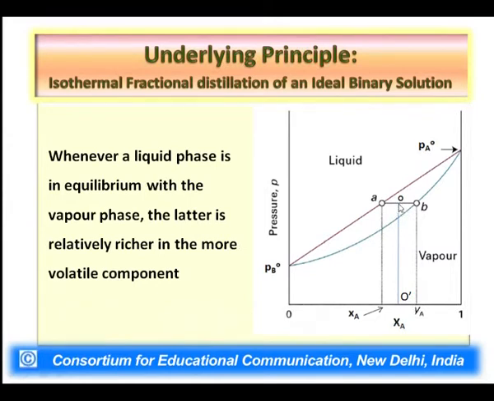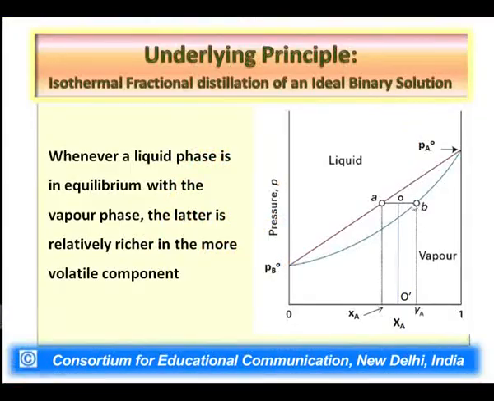If you draw a tie line at point O, if small o, this point, represents the overall state point of the system, since this point lies within the region between the liquid and the vapor, we can say that at this point there are two different phases in equilibrium with each other. When these two phases are in equilibrium, we should have the composition of both phases.